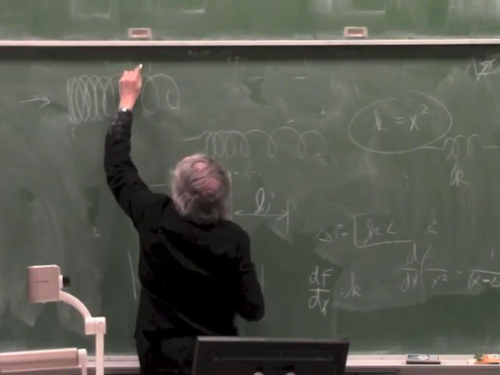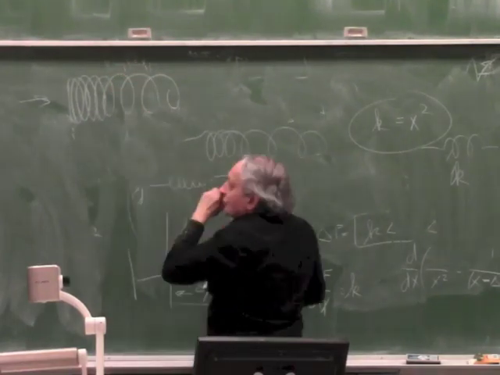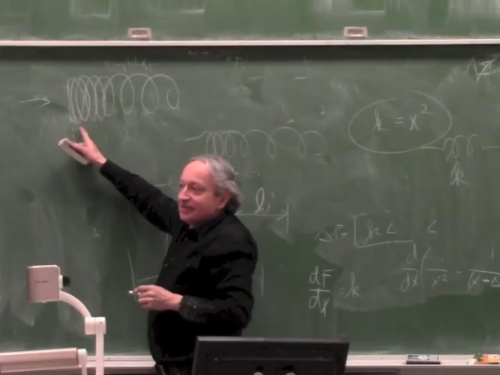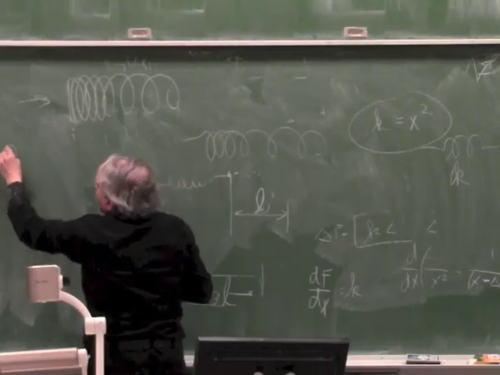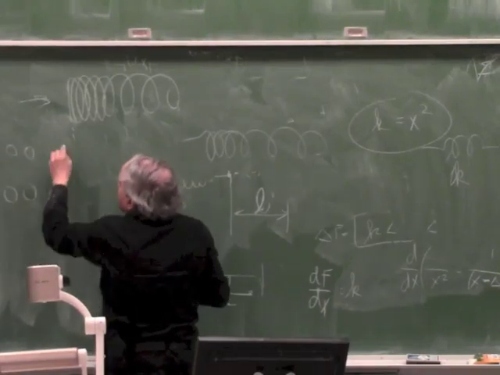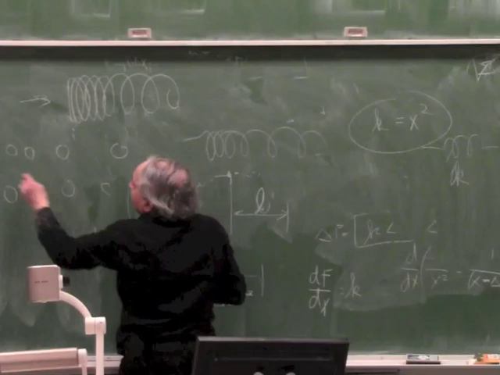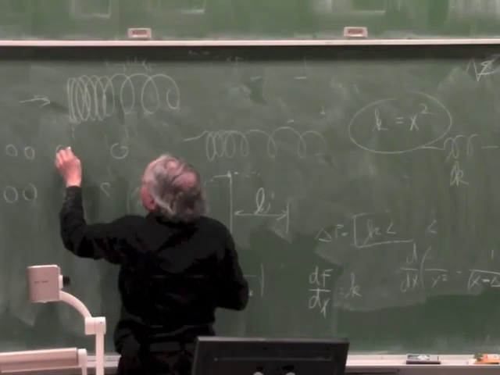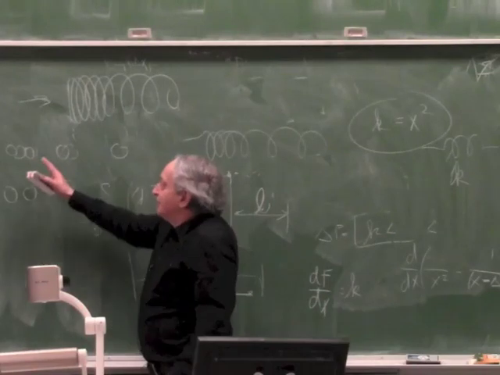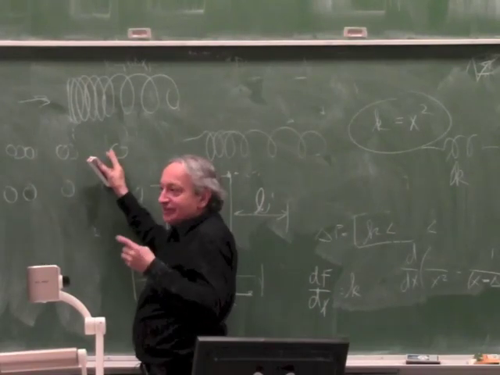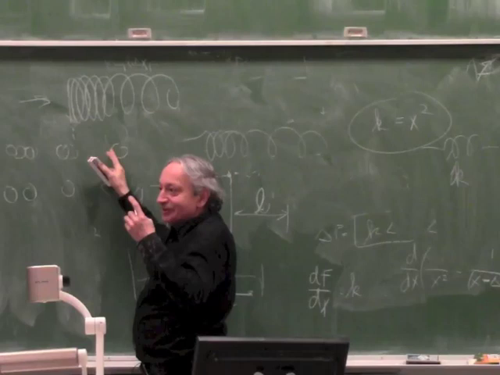If these turns are close together, as you start applying force, they touch. The cross section looks like this. These are the turns. When you start applying force, all the turns come this much closer, but these turns are already touching. Now if these turns are touching, you have fewer free turns, so the k goes up.